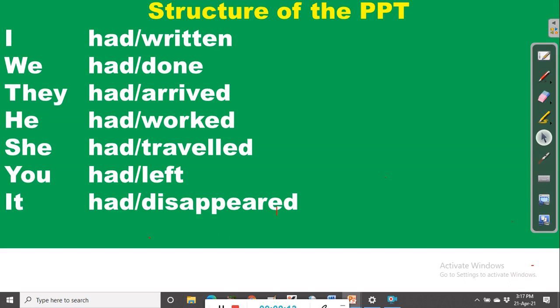All right. Now, look at the structure here. We use specifically the past form of have, which is had, and we combine it with the past participle of the verb. And that gives us the structure of the past perfect tense. For example, had written.